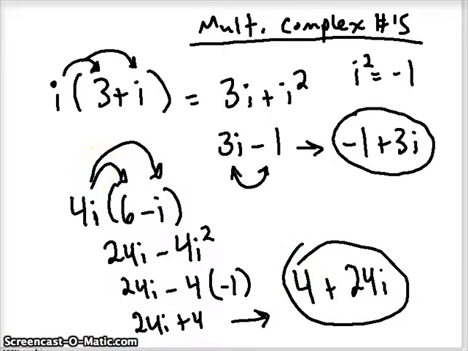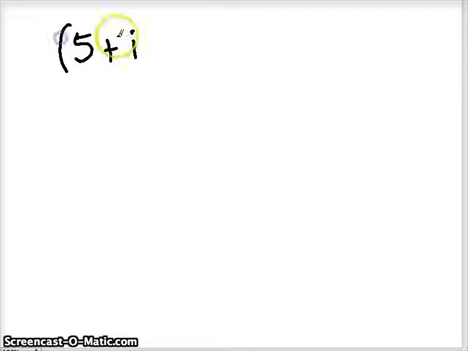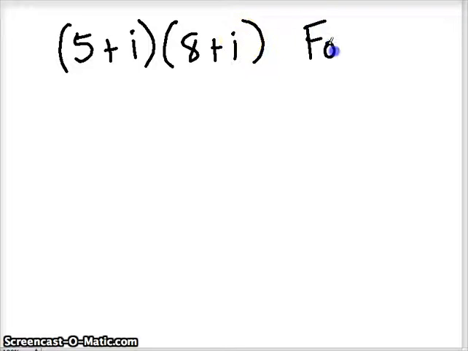Alright, let's get a little more complicated here. What happens if we try and multiply two complex numbers? So we got 5 plus i, there's one complex number. I'm going to multiply that by 8 plus i, another complex number. Hopefully this looks familiar to you. You think this looks like a FOIL problem, okay? And that's exactly what we do. We FOIL.